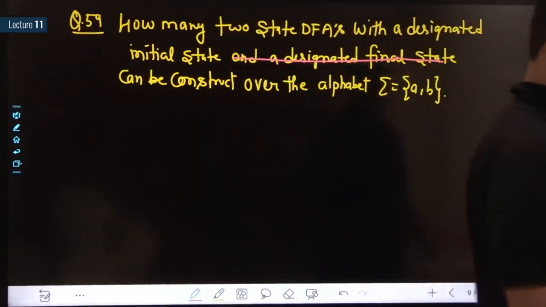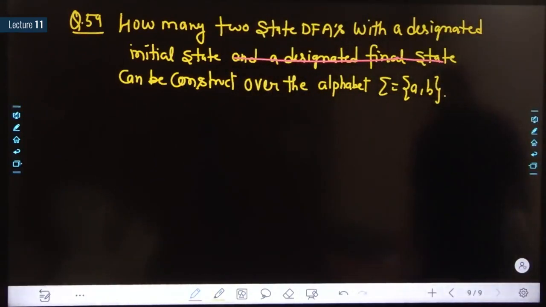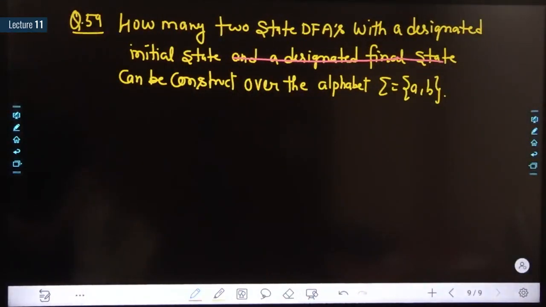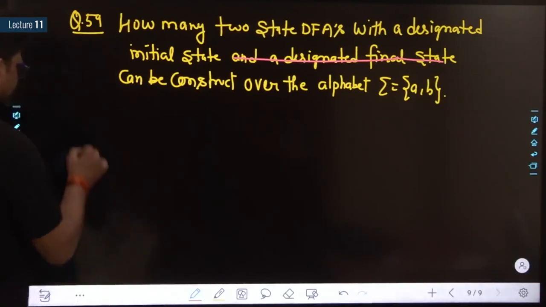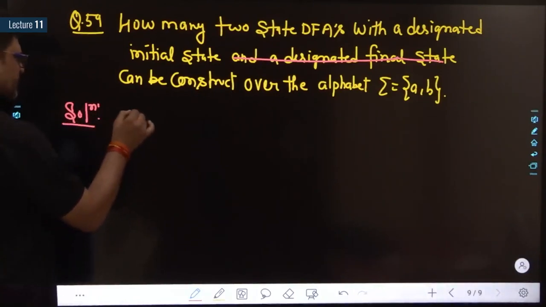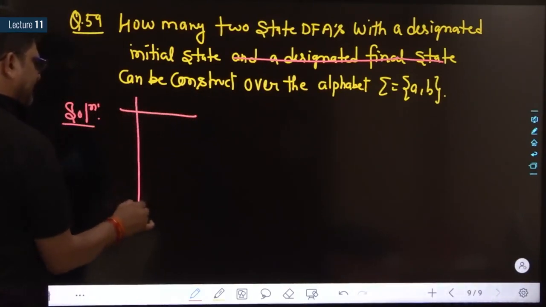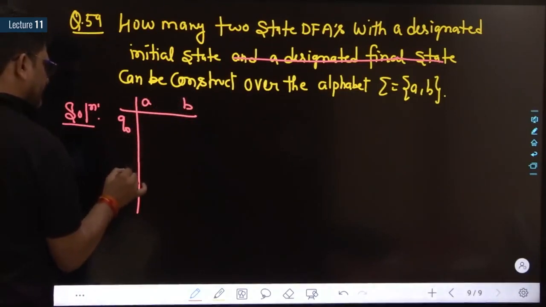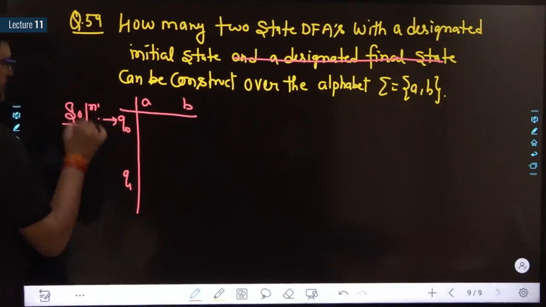Try to do this question fast. See the solution. Initial state is fixed, but final is not fixed. Input alphabet is A, B, with Q0 and Q1. I fixed Q0 as the initial state.